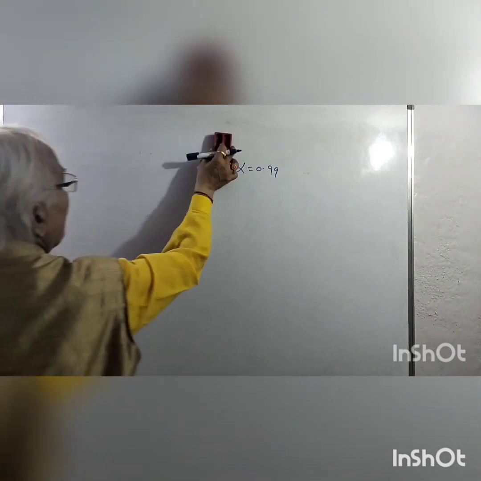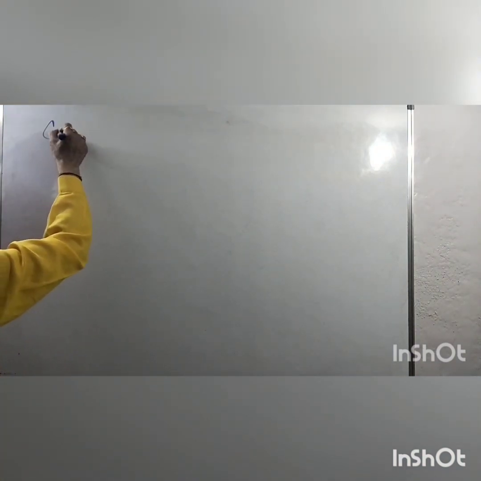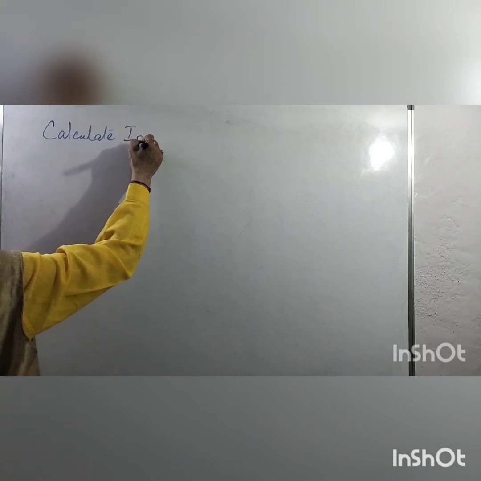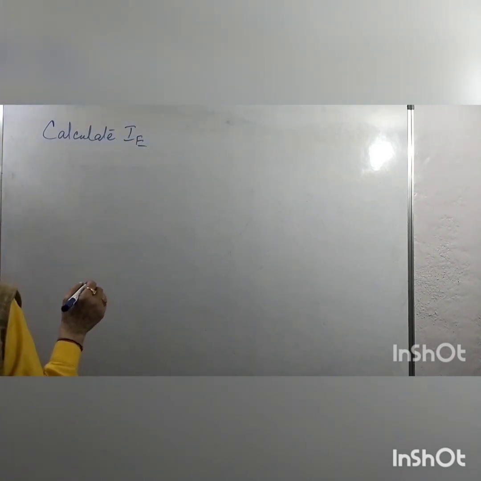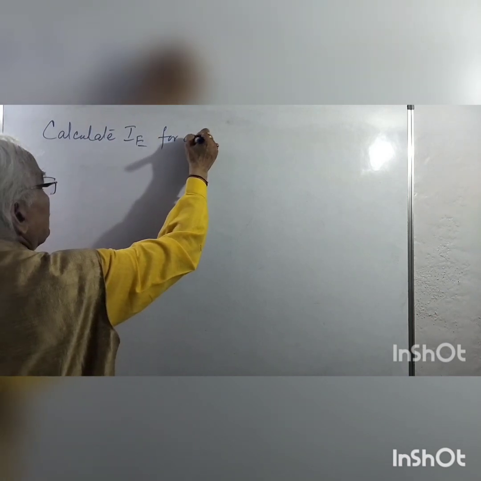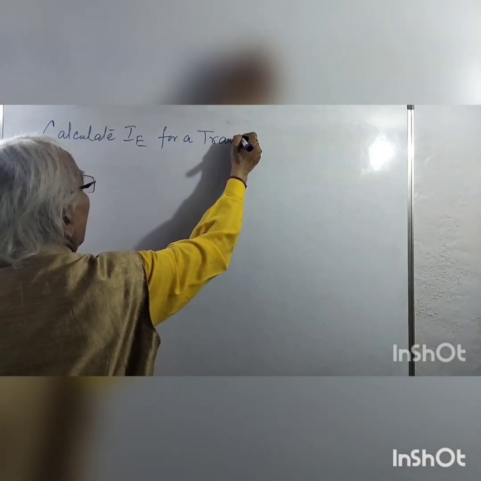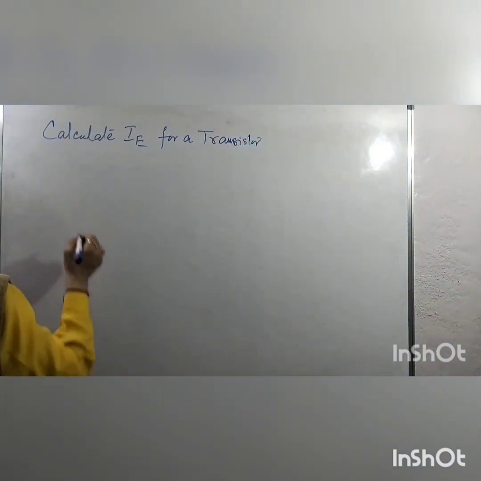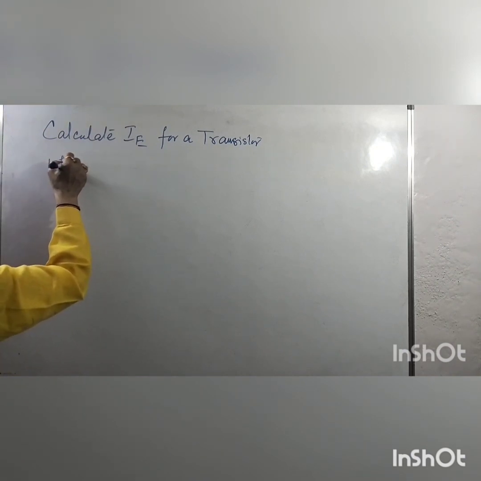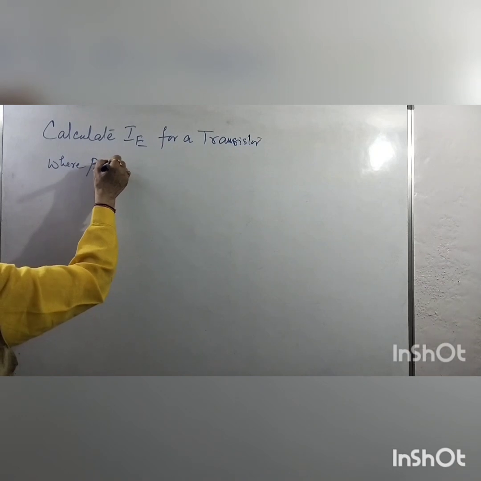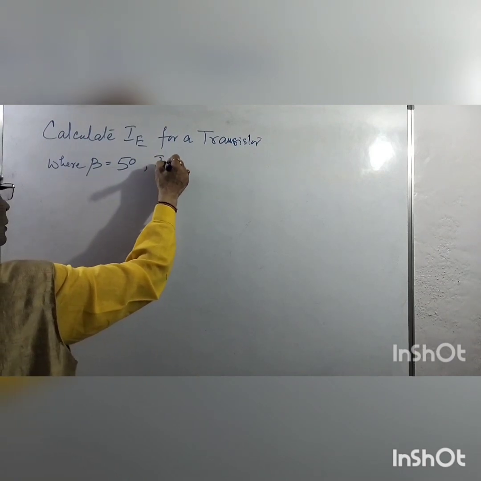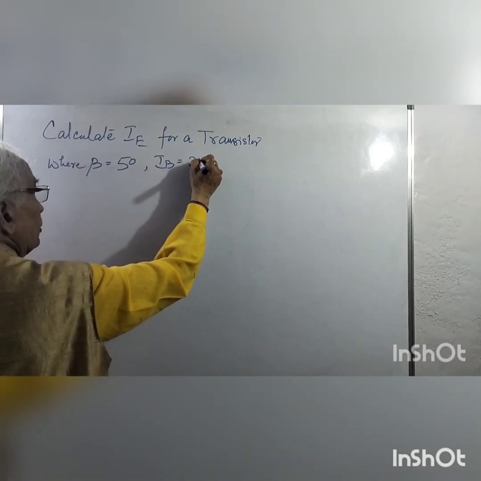Similarly, we can calculate IE, that is, calculate emitter current for a transistor where beta is equal to 50 and IB is equal to 20 microampere.